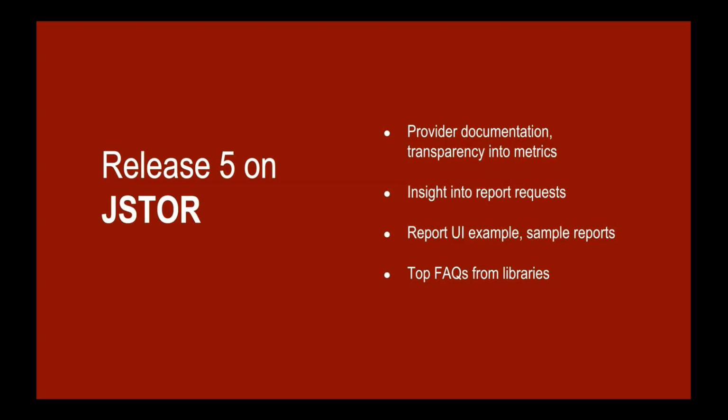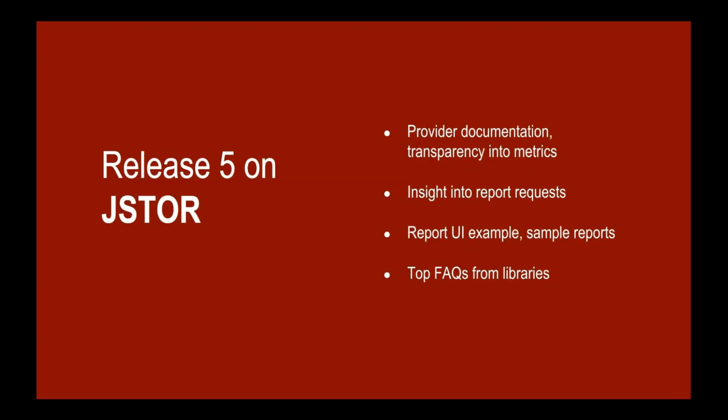So that was sort of our general reactions to Release 5. What I'll do now is go through some of the documentation that we've created in response to a lot of the really common questions. We'll also give some insight into the report requests, the demand that we're seeing for reports here, which I think is pretty interesting.